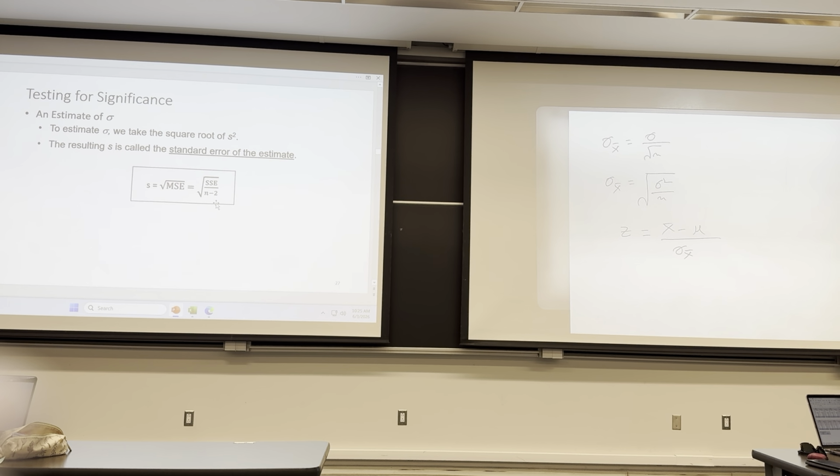That's an indicator of the number of unknowns, the things which I am estimating. You are estimating an intercept and a slope. You don't know the population intercept or the population slope, so that's why you have n minus 2. So this is going to give you a standard deviation around the regression line.